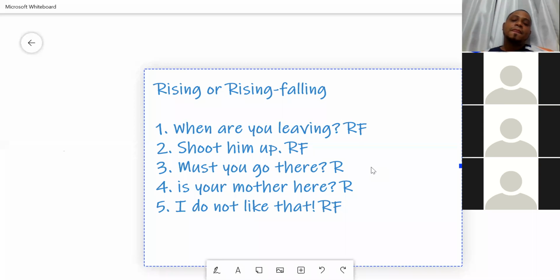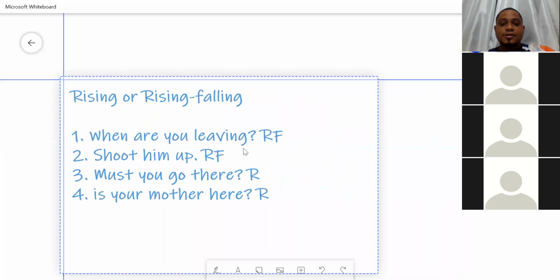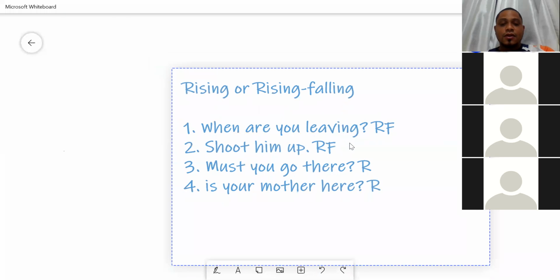Okay, so you see this? I'm going to take only two sentences for you to see the difference between rising intonation when we are marking the tones and the rising falling intonation. Let me erase number 5.